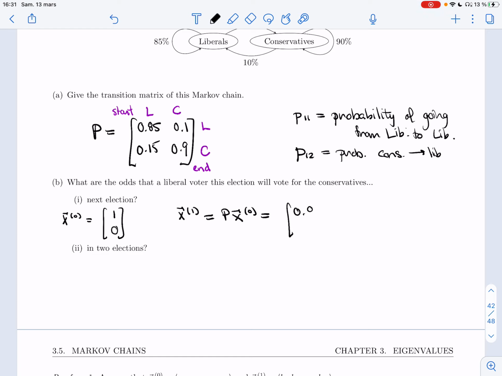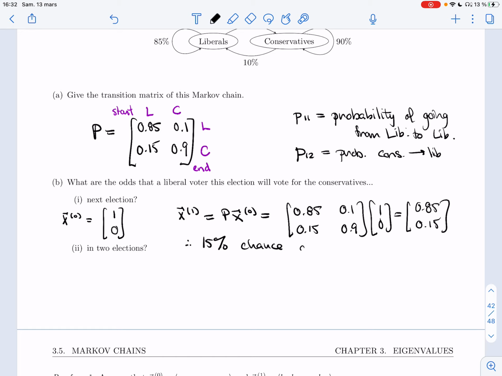So I'm going to take P and multiply it by (1, 0), and I'm going to get 0.85, 0.15. So the odds that they will vote conservative, that's this one. In fact, it also keeps track of the odds that you're going to vote liberal.